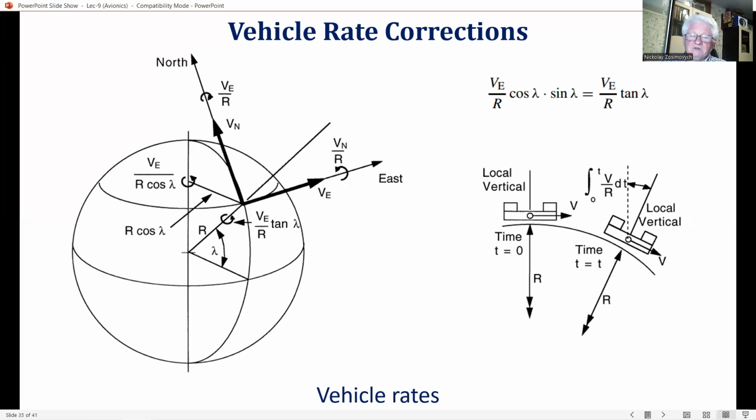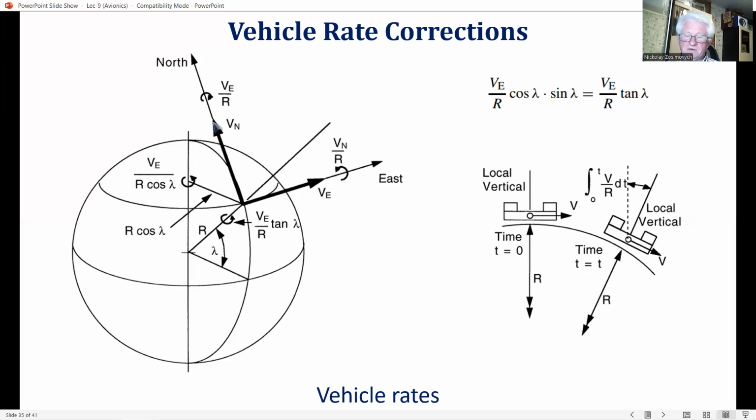The angular rates of rotation of the local vertical with respect to the inertial axes are equal to Vn over R about the east pointing axis. Here Vn is the northerly component of the aircraft velocity, and R is the radius of the Earth.